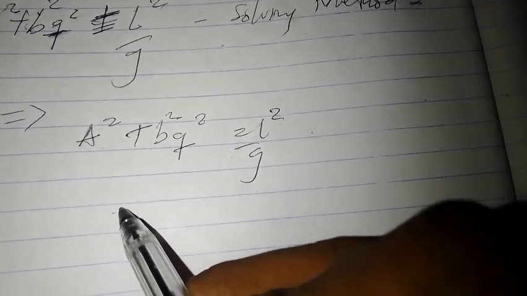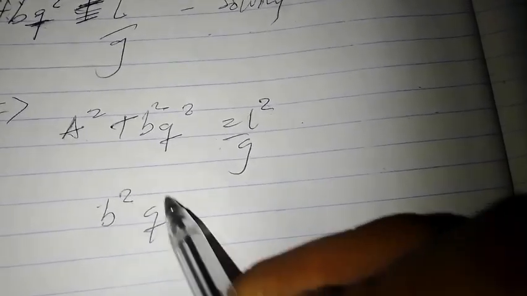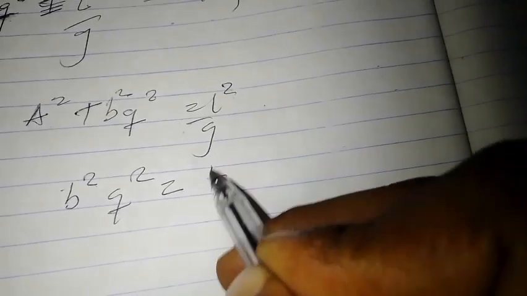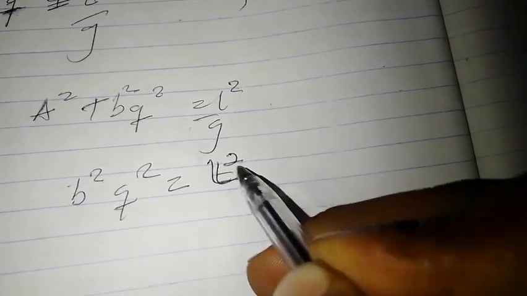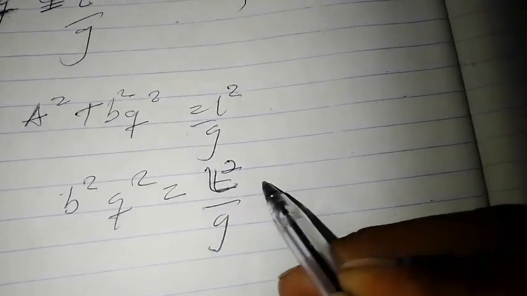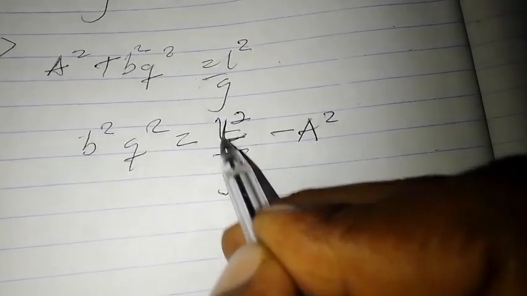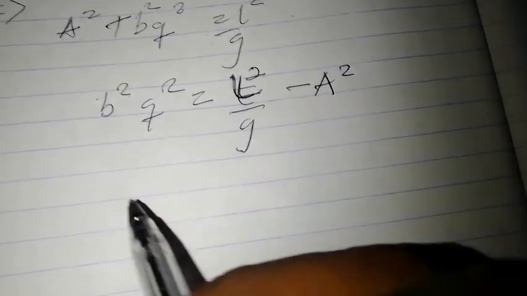So B Q squared equals L squared over G minus A squared. Good. So this is L. I don't know why I'm making so many mistakes here.